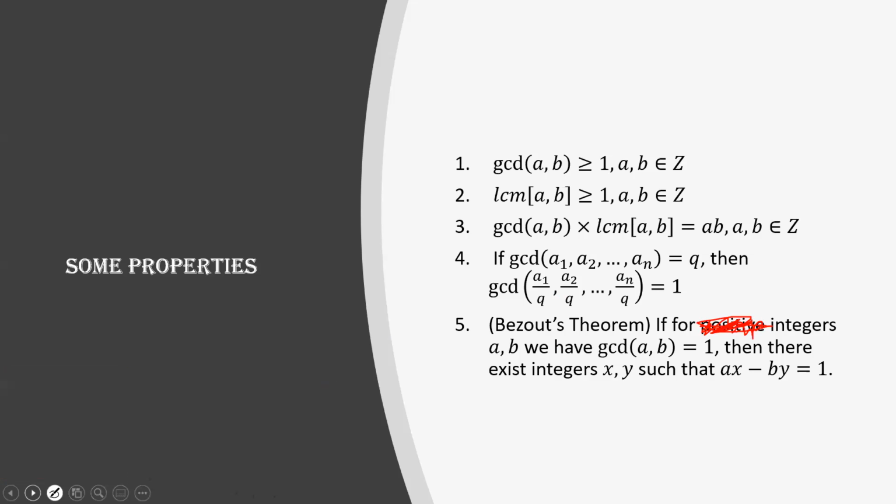If for integers a and b, we have GCD of a comma b is 1, then there exist integers x and y such that ax minus by equal to 1. This is a very nice property. This is called Bezout's theorem, and this is a nice theorem for solving problems.